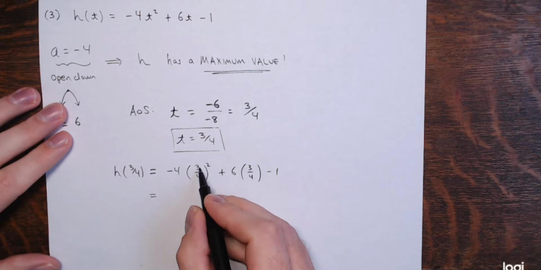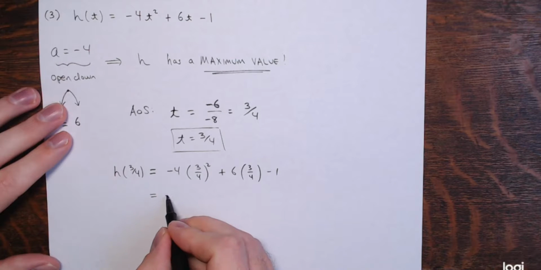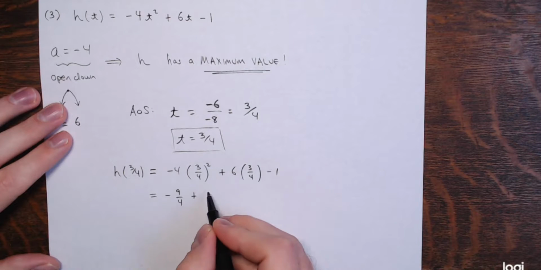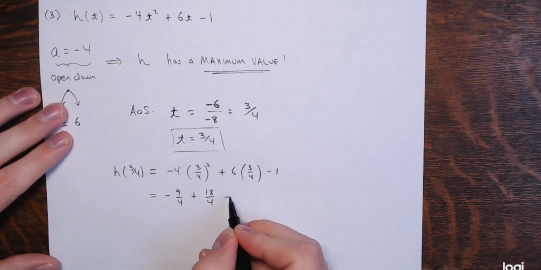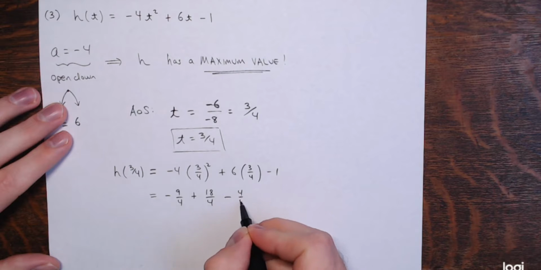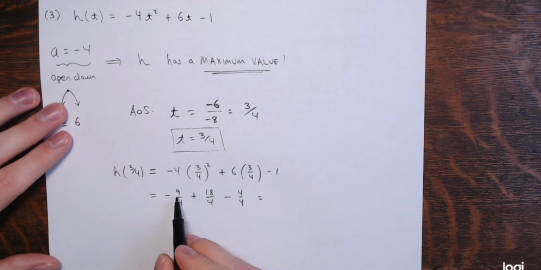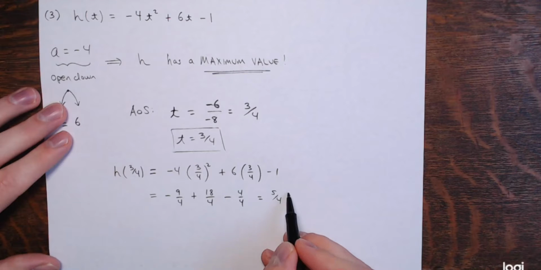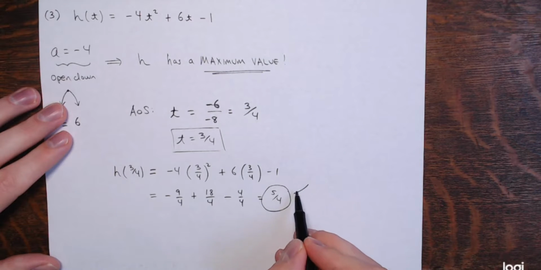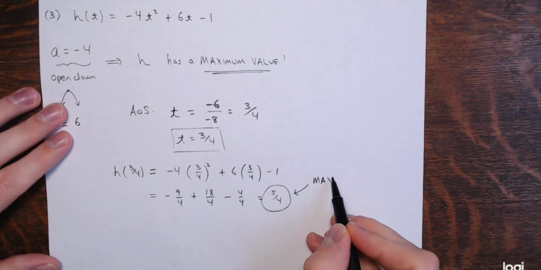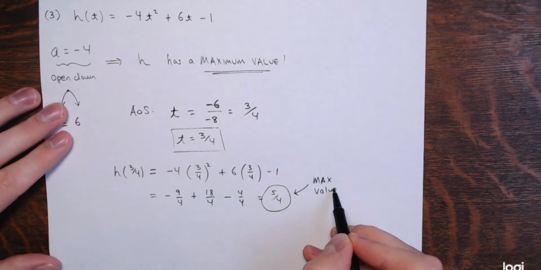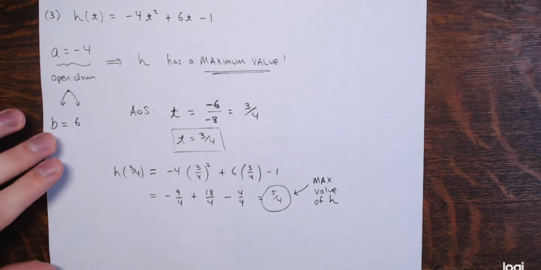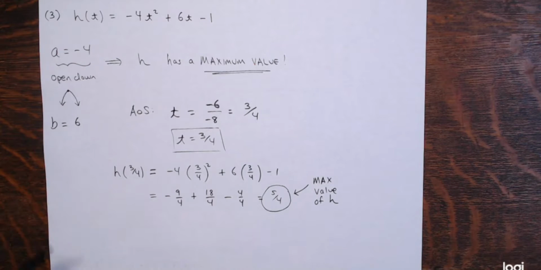This would be 9/16, but times negative 4 would be negative 9/4 plus 18/4, and then just to get a common denominator, minus 4/4, right? Minus 1. So that's negative 9 plus 18 is 9, minus 4 is 5. This is 5/4. And there is the maximum value, the highest y coordinate reached for this function called h. And again, let's verify this.